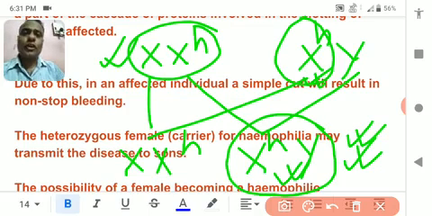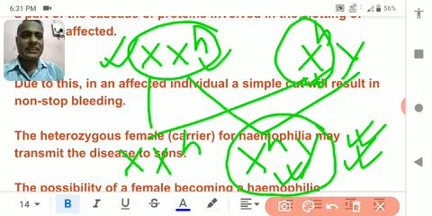It is also called criss-cross inheritance. Once again I am repeating. The X bearing the hemophilic trait moves from the mother's side to the son and from the father's side to the daughter. As it goes crisscross, that's why it is also called criss-cross inheritance.